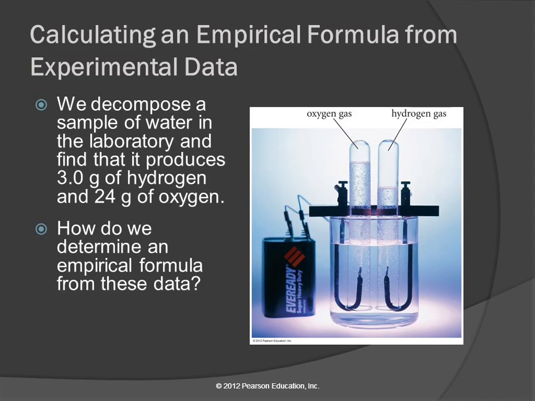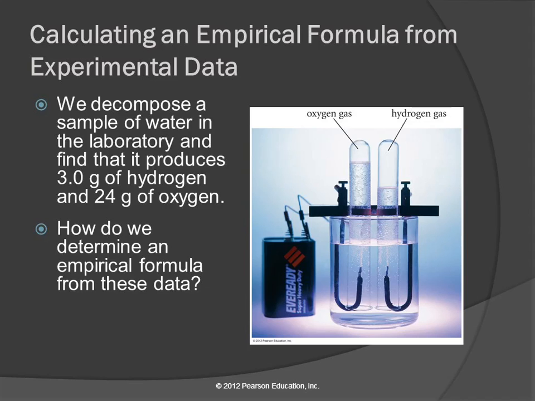So how do we calculate an empirical formula? Here's an example of how that could be done. You can actually decompose water using a 9-volt battery. And you could try that at home. You can take a 9-volt battery and drop it in a cup of water, and you'll see bubbles forming from both terminals.